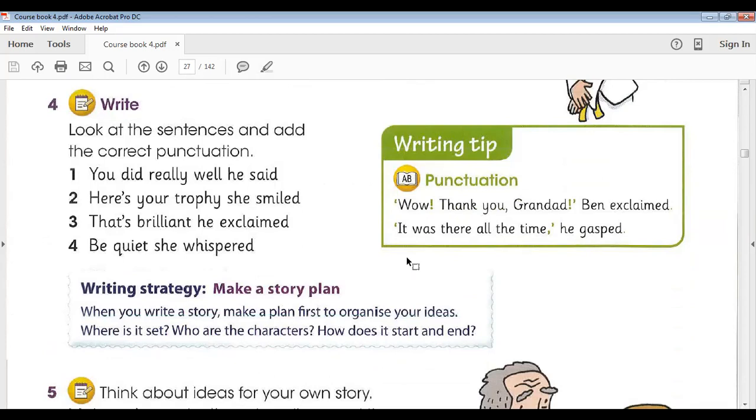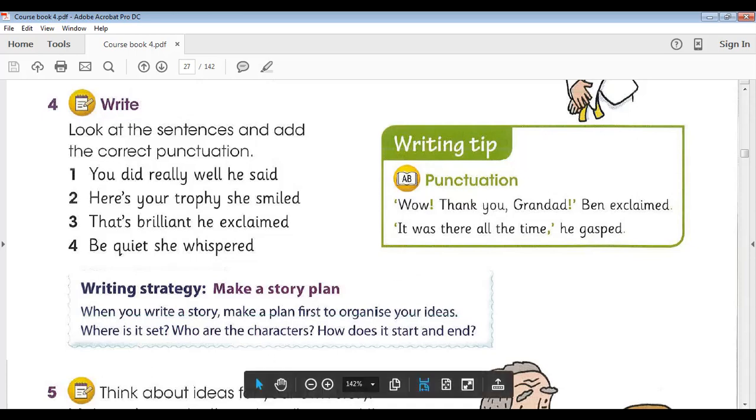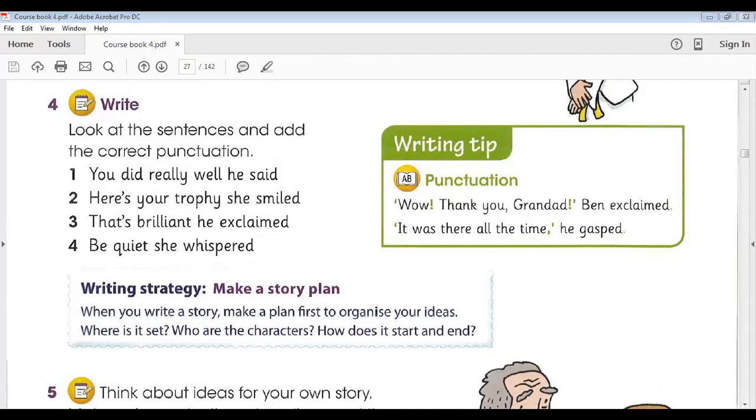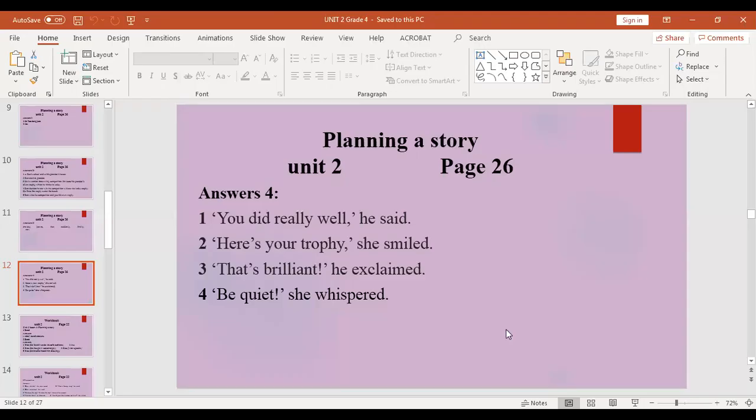This is basically reported speech, direct and indirect sentences. We discussed with the class how to add the punctuation marks in reported speech. And then I also displayed the answer on how to punctuate reported speech.